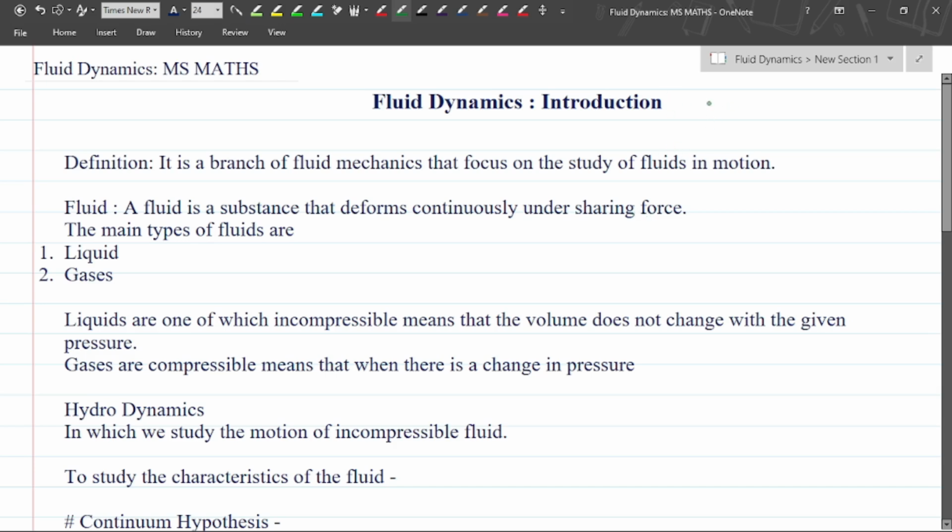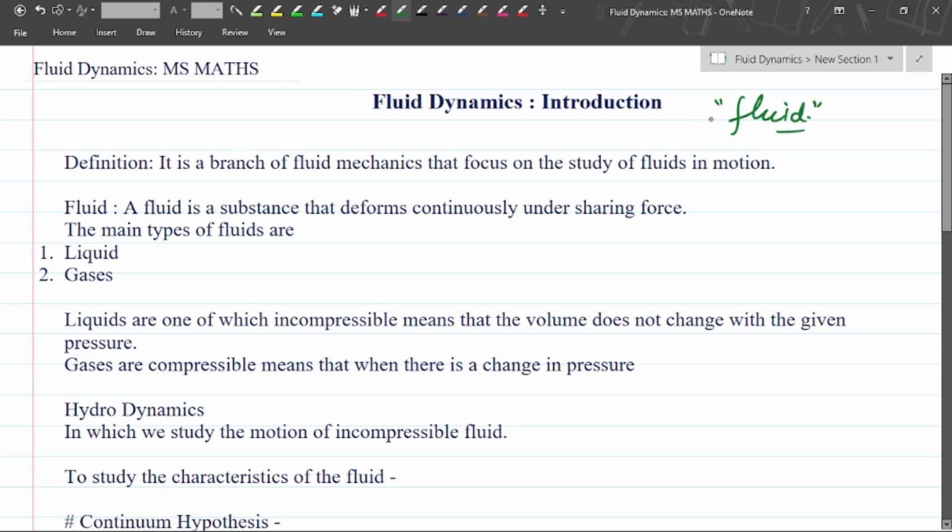Fluid mechanics is also a branch of physics and mathematical physics in which we discuss the properties of fluids. We all know what fluids are. In our everyday life we have lots of fluids in the environment and in our daily routine. Like from morning, I'm going to start with water, that is also a fluid.